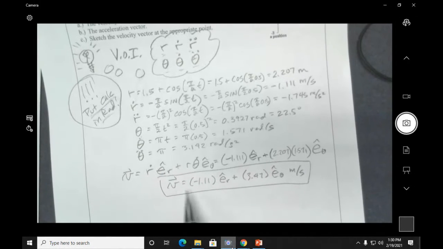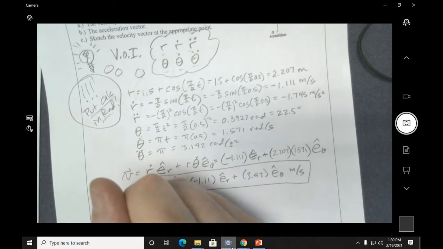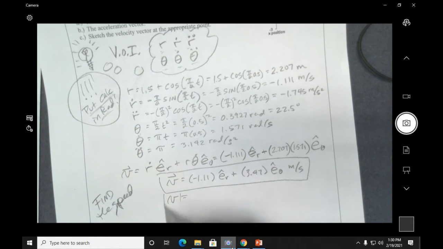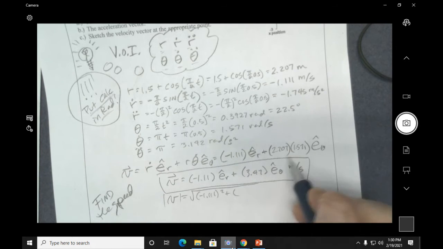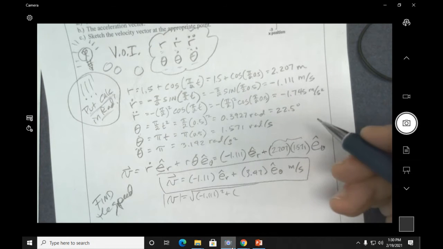Now, personally, I think what we should have asked is, find the speed. Because then you would say, oh, the speed is just the square root of that. Make sure we're not getting rid of these two together. Did I ever solve what that was?